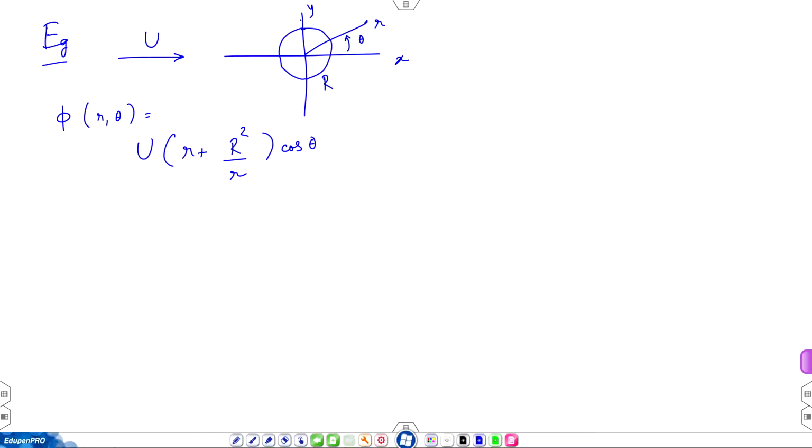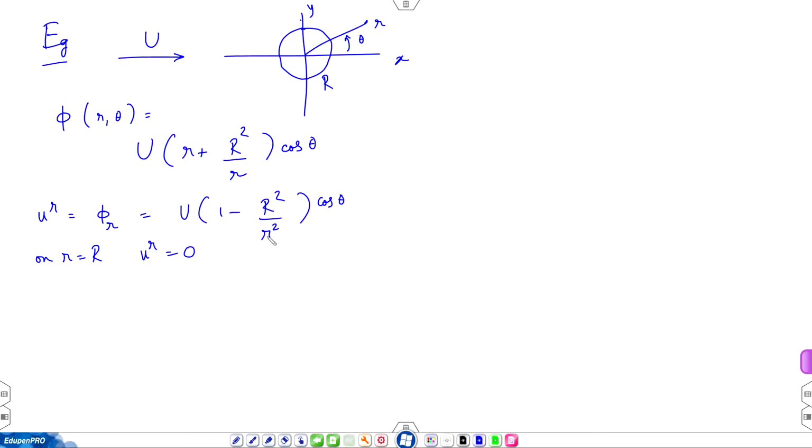The shape of the object was obtained by noting that u_r is the partial derivative of phi with respect to r, which is U (1 minus R squared over r squared) cos theta, and on r equal to capital R, u_r is 0. So, suggesting that r equal to capital R, that is this circle, which is flow past a cylinder. Why flow past a cylinder?